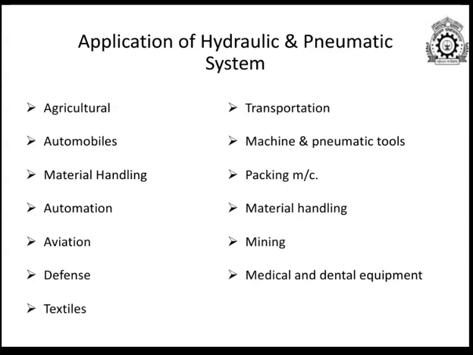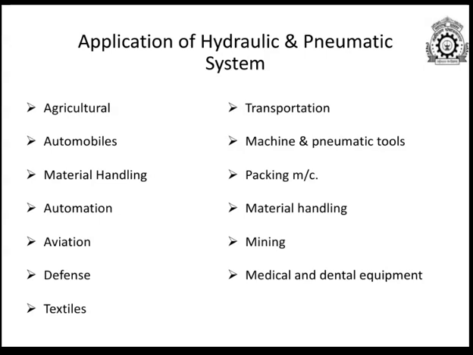Okay, so these are the different applications of hydraulic and pneumatic systems. We can use them in agriculture, in automobiles, where air brakes are there. In automobiles, everywhere we can find hydraulic and pneumatic applications. In material handling, we can use them in automation, in aviation, in defense, in textile, transportation, machine and pneumatic tools.